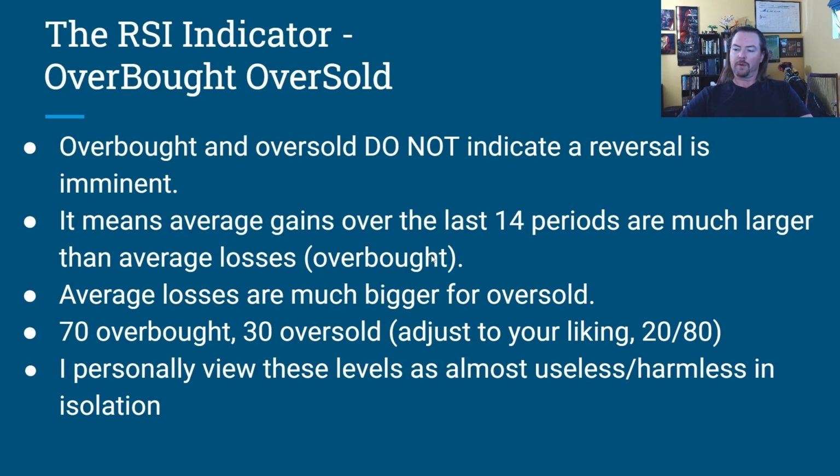So overbought just means if average gains over the last 14 periods are much larger than average losses, you have overbought. If average losses are much bigger than average gains, then you're going to have an oversold condition. But again, that does not mean a reversal.